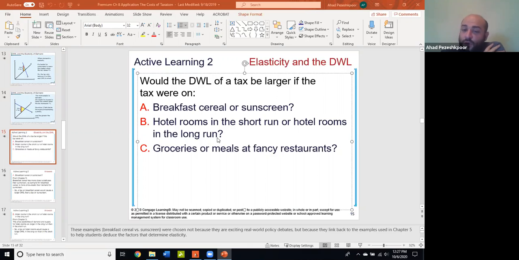Hotel rooms in the short run or hotel rooms in the long run? The deadweight loss would be larger in the short run or in the long run?